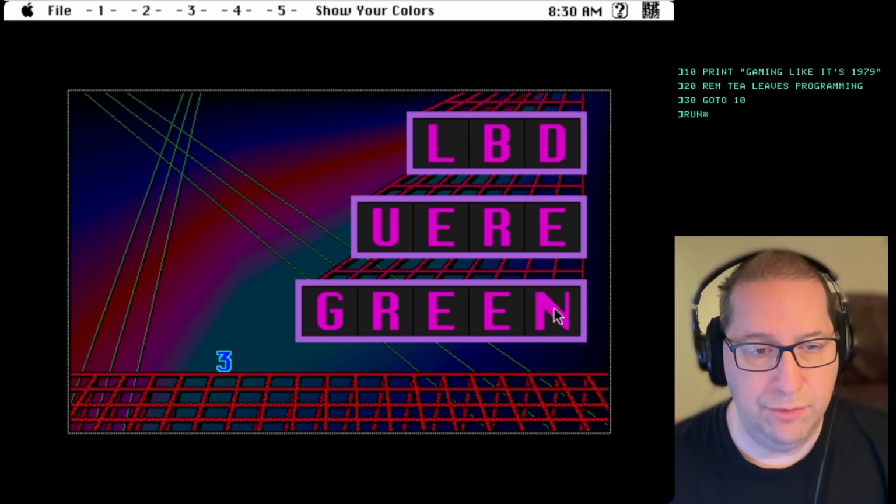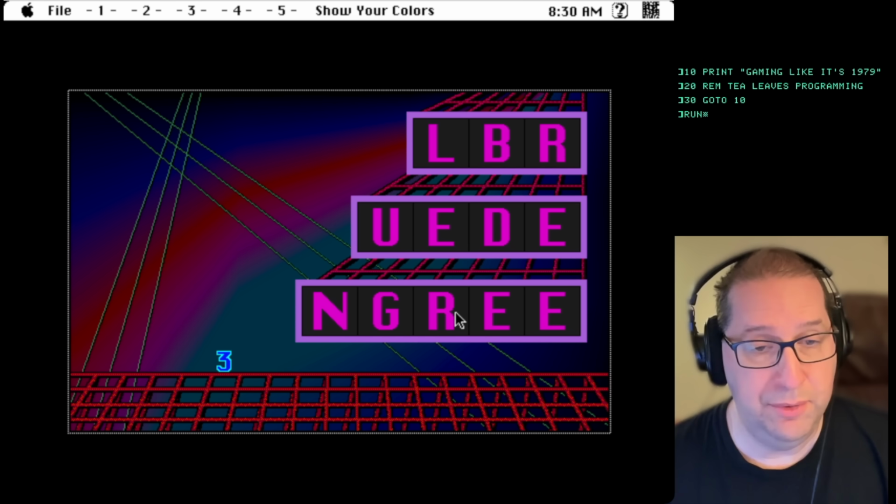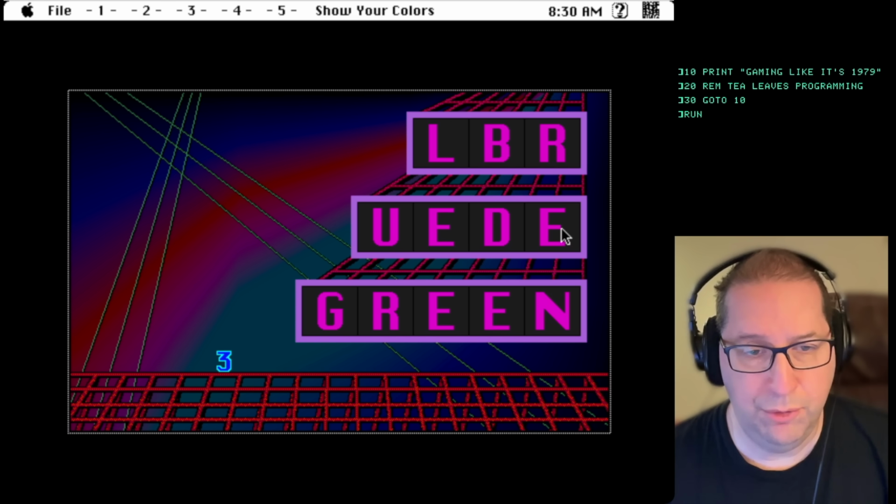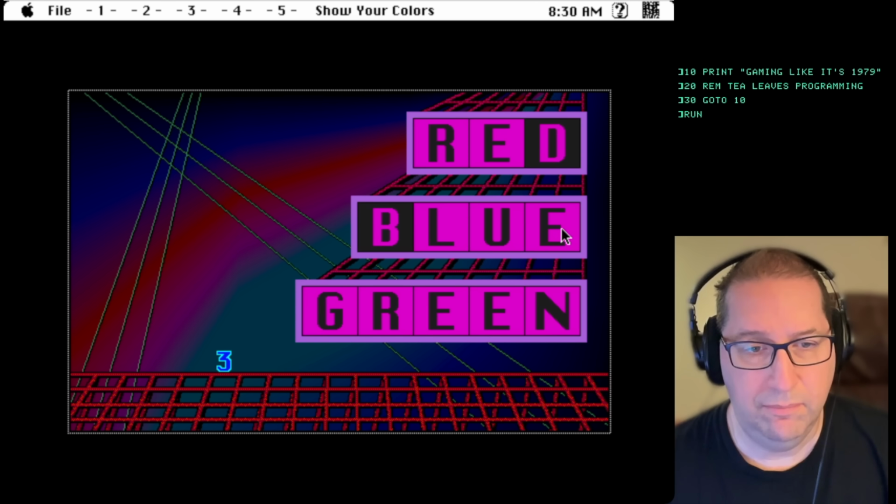So if I move an R here, then I think that's it if I do it in the right direction. I just did it in the wrong direction, I think. I think that's it. I just need to rotate this. Yes!